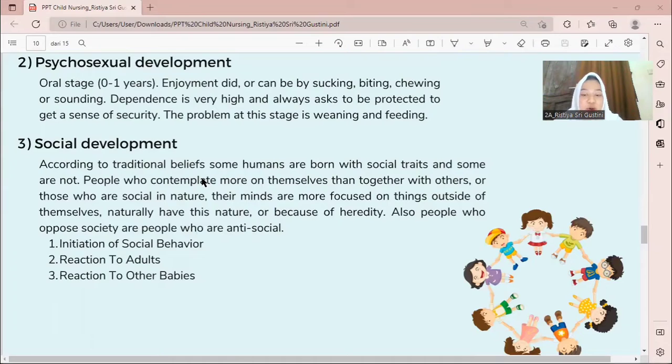In addition to breastfeeding, the baby will continue to play with his mouth, with his fingers, for example, and continue to explore this part by putting all kinds of objects in his mouth. This stage is related to actions such as biting, chewing, or inserting objects around it into the mouth.